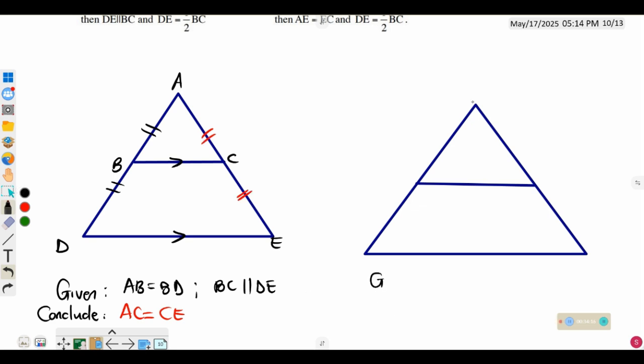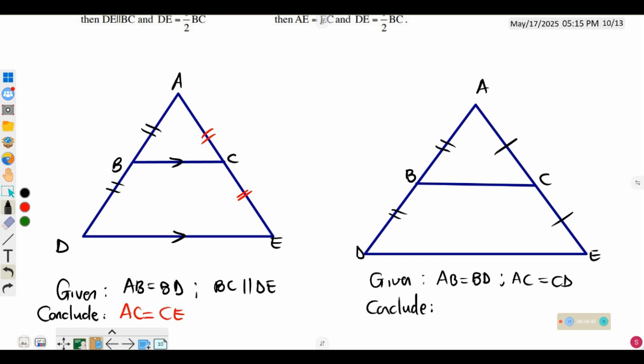Also, look at the second one. If this is A, B, C, D, and E, and you are given the following, that this is equal to that and this is equal to that, given that AB is equal to BD and also AC is equal to CE, what can you conclude in this case?